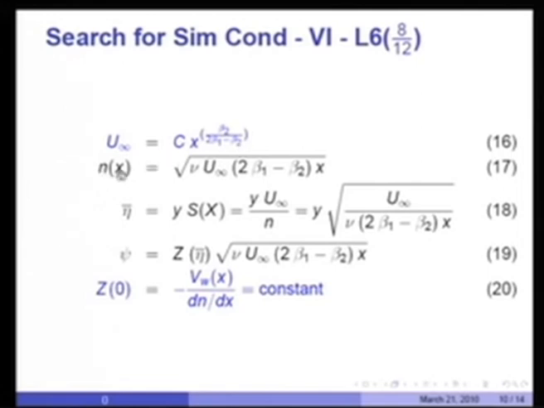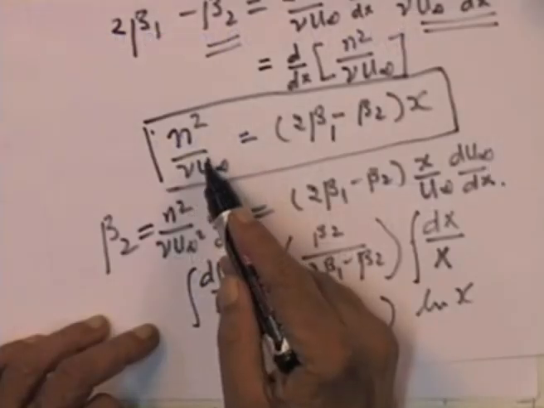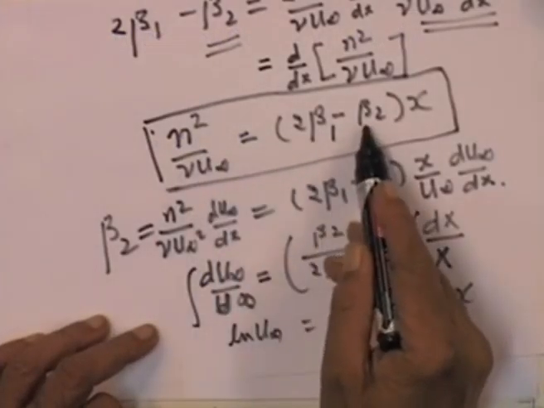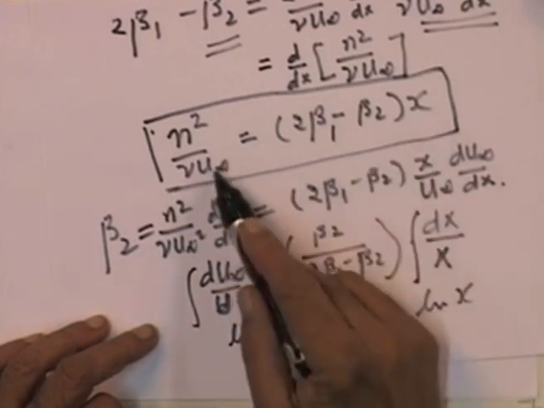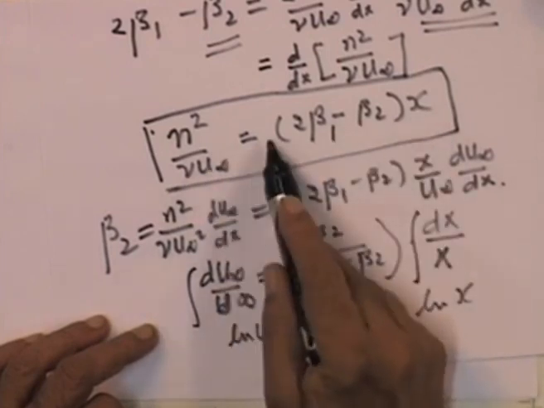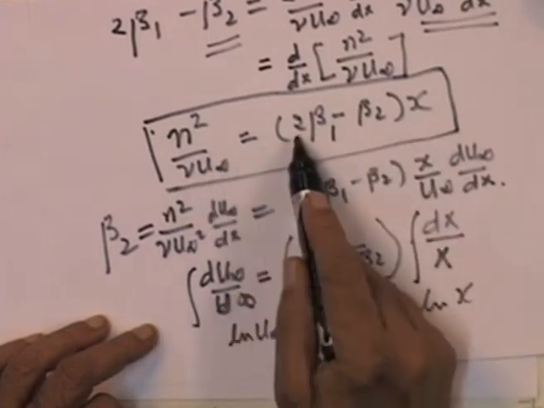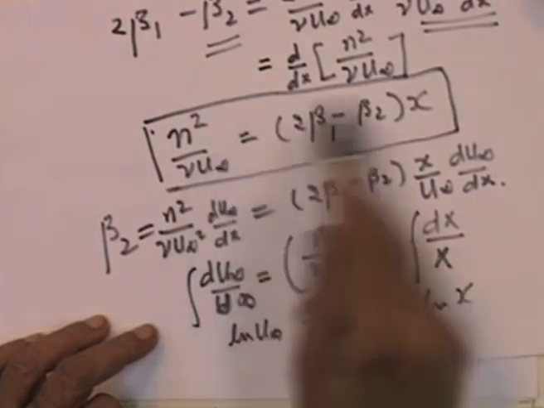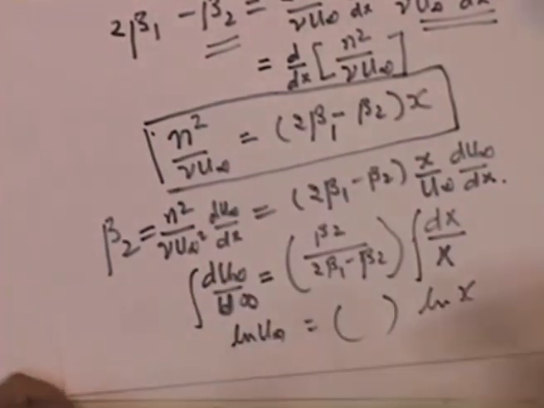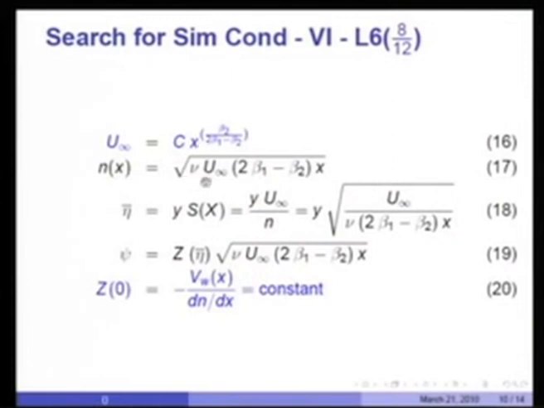What about n of x? So, you will see n squared over nu u infinity is equal to 2 beta 1 minus beta 2 x. So, if I multiply through by nu u infinity and take a square root, then n will be under root nu u infinity 2 beta 1 minus beta 2 x.